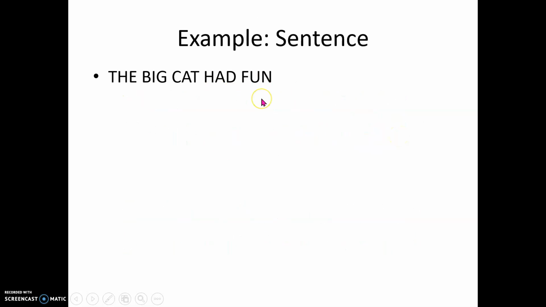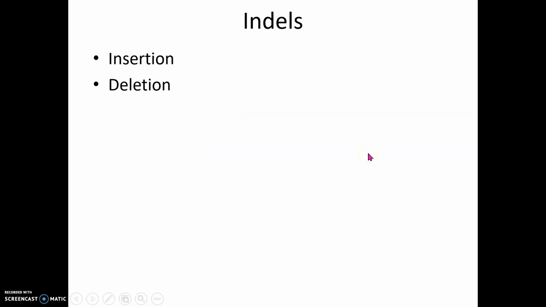Or you can also use a sentence. And why are my sentences arranged in threes? Why do my sentences consist of three-letter words? You should have an answer for that. So a base substitution would be changing one. So instead of saying the big cat had fun, we can say the big rat had fun. And that would be a substitution. So we changed one base pair.